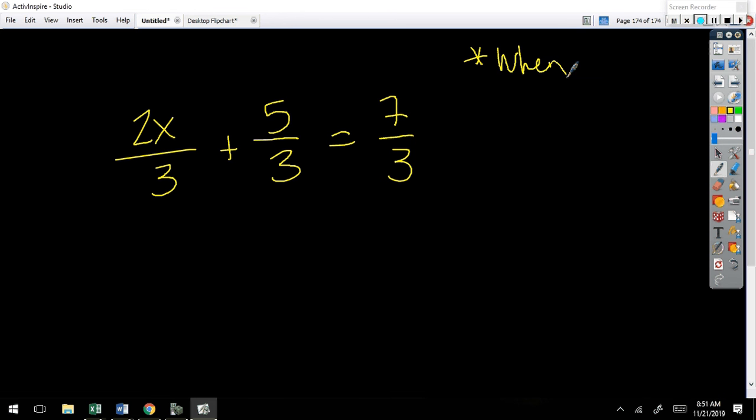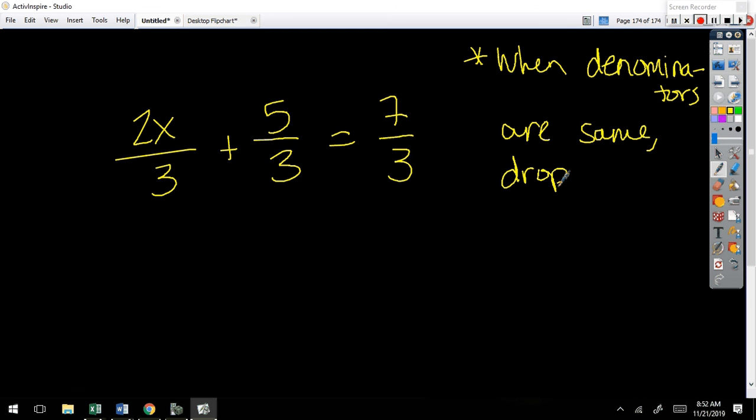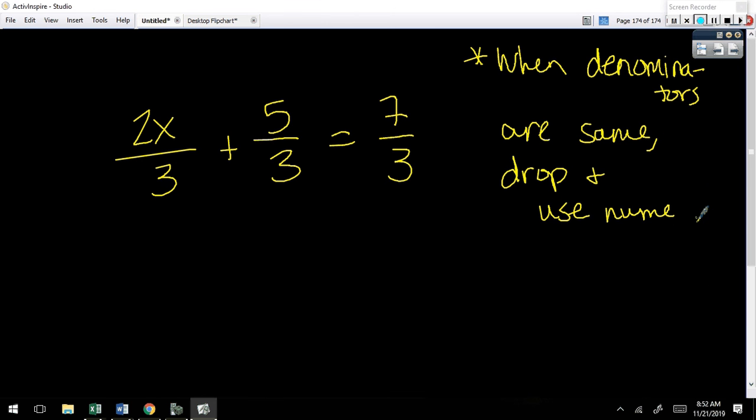When the denominators are the same, what you can do is you can drop them and use the numerators to solve. Okay, but they have to be exactly the same.